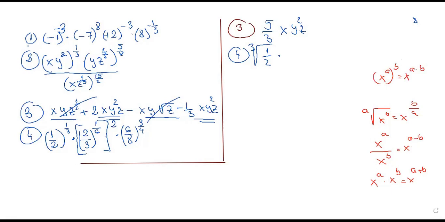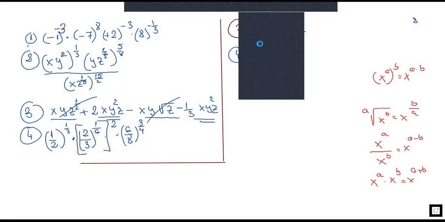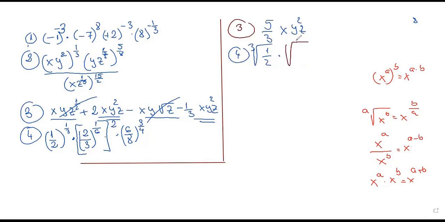The cube root of 2 to the 3, of 2 over 3, and then times the 4th root of 3 over 4 to the 3.